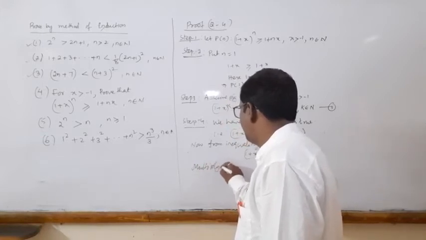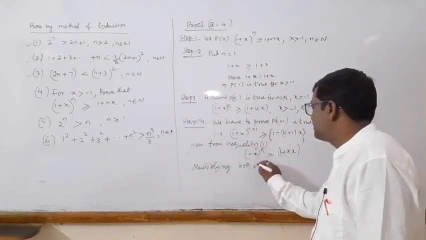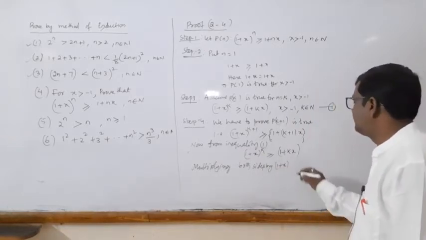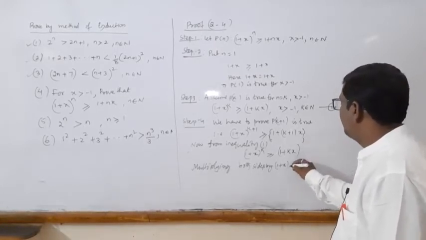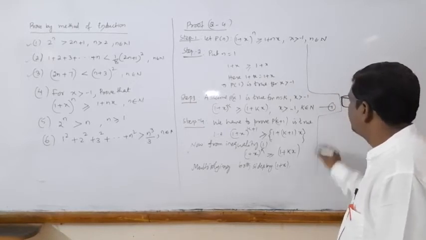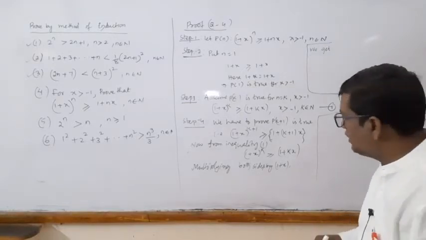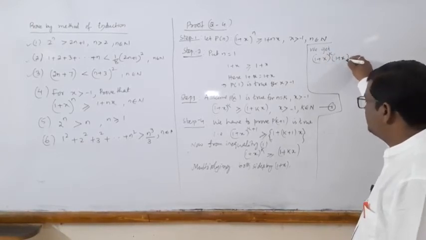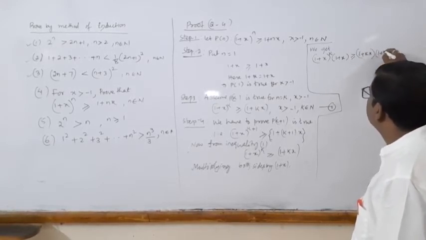Multiplying both sides by 1 plus x, we get (1 plus x) to the power k into (1 plus x) is greater than or equal to (1 plus kx) into (1 plus x).